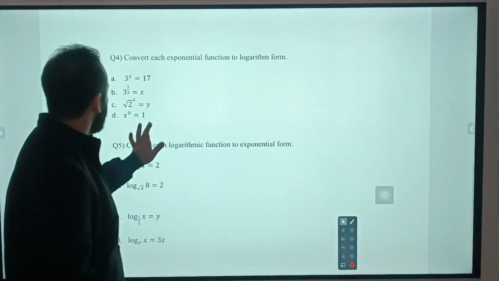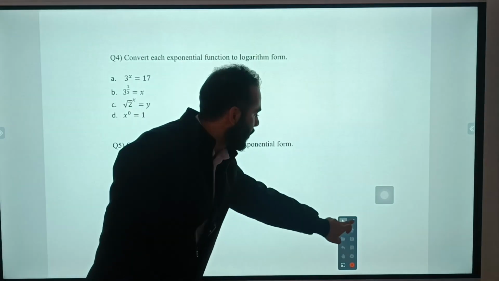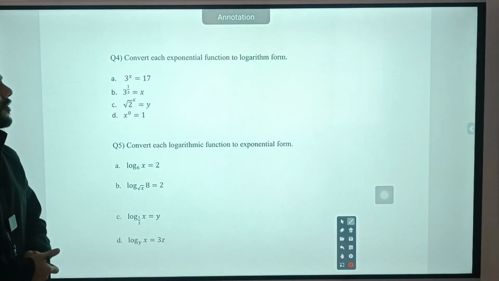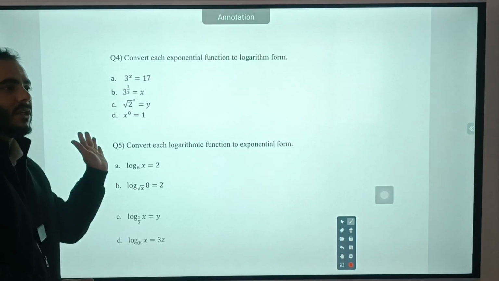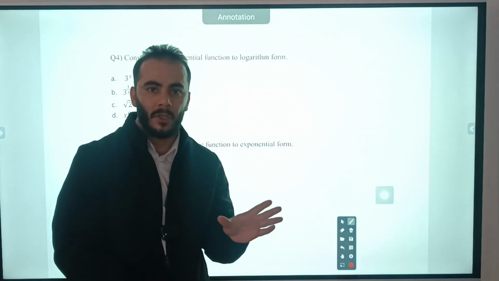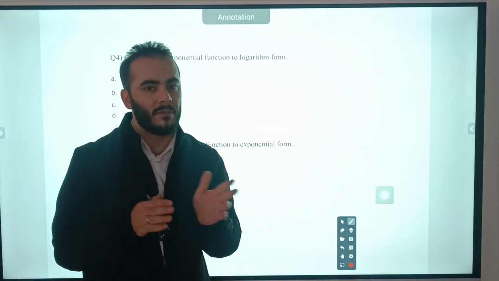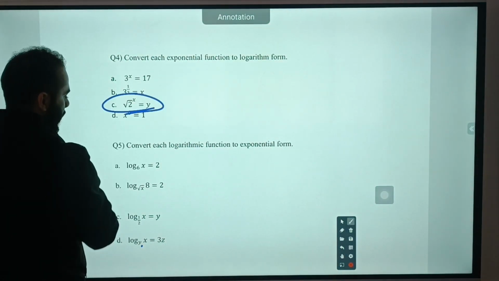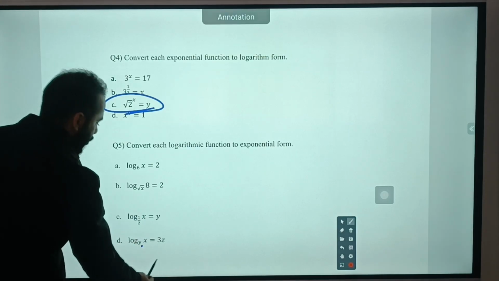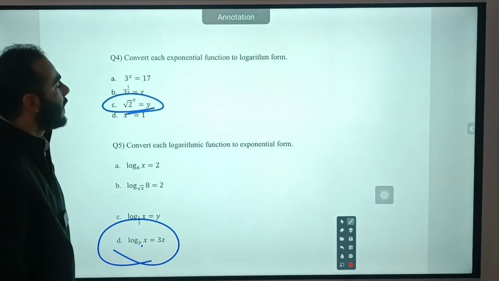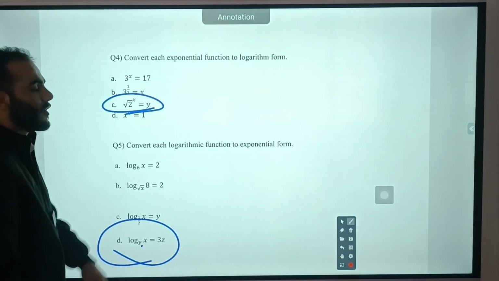Something else that is important here is converting. Convert each exponential function to logarithm form. We actually discussed this matter in the beginning of section 4.3: convert exponential to logarithm and logarithm to exponential. I'm going to do one of them here, because if you get this one, you're going to solve the rest by yourself easily.